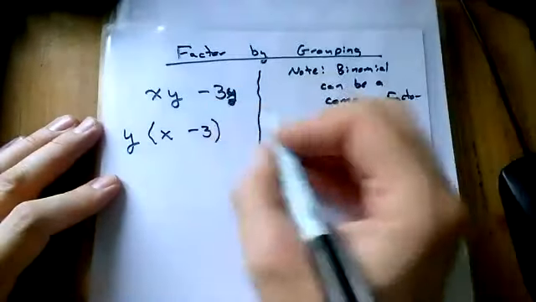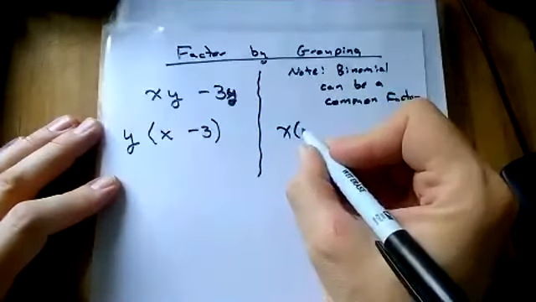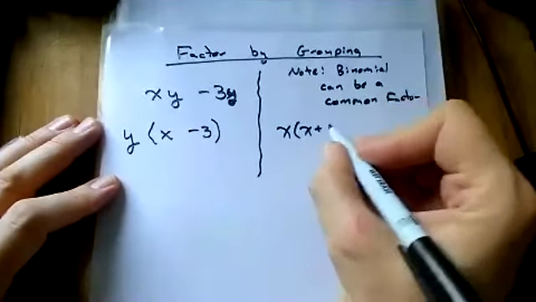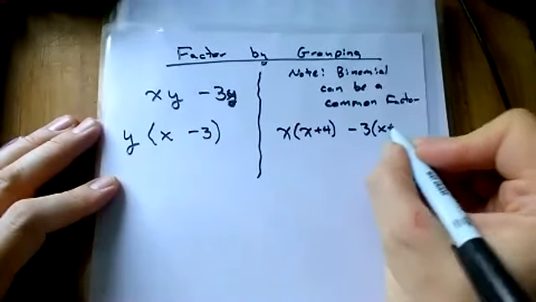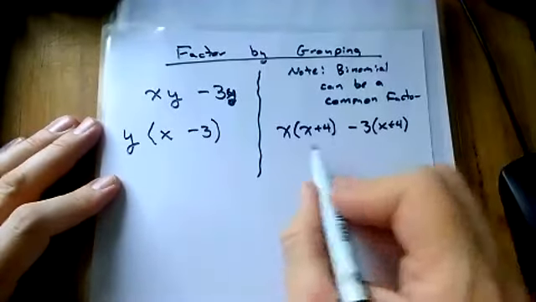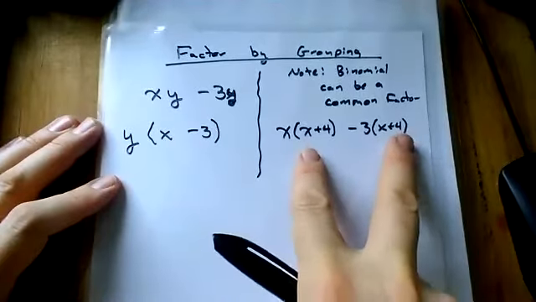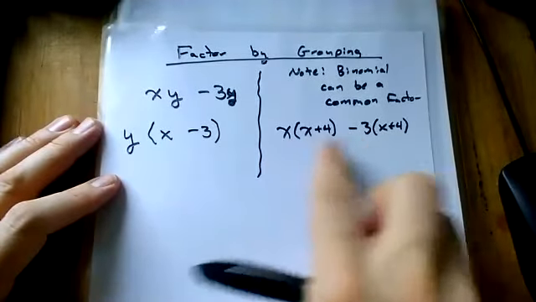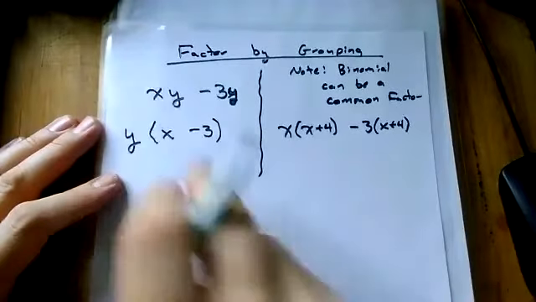So instead of x times y, how about I have x times x plus 4, and then minus 3 times x plus 4. Even though this is a binomial, it's the same thing that's multiplying both of these terms. So I can factor that out just like I did here.